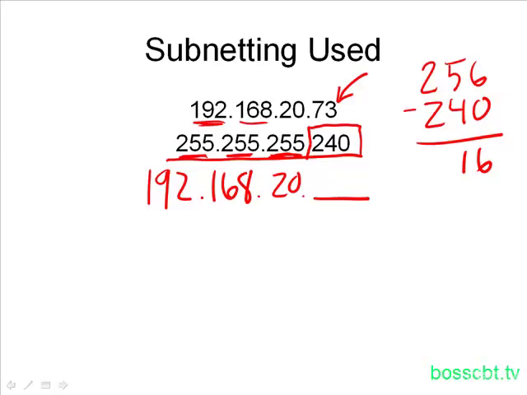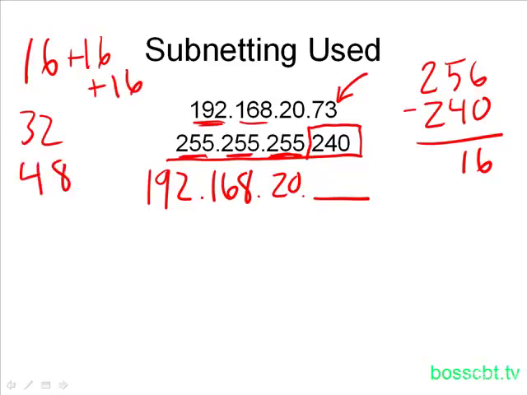So for example, we start with 16. Now, can we get any closer to 73? Well, yeah, we can. So we add 16 to itself to get 32. Well, that's better, but is there some more room, you think, that we can get closer? Well, yeah, simple addition and subtraction can tell us that. So we add 16 again, and now we get 48. Getting better, but let's keep on going.